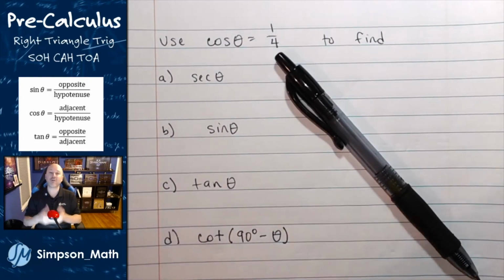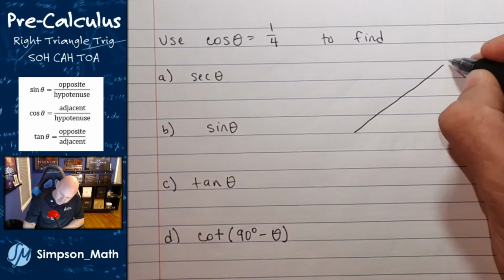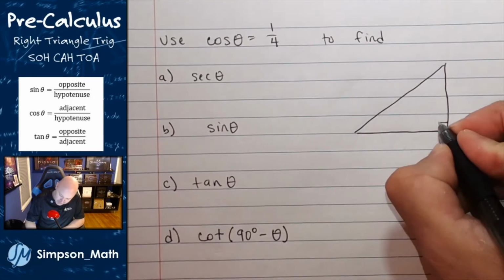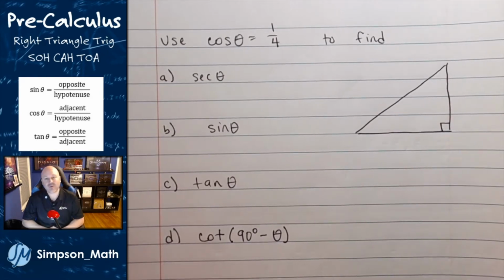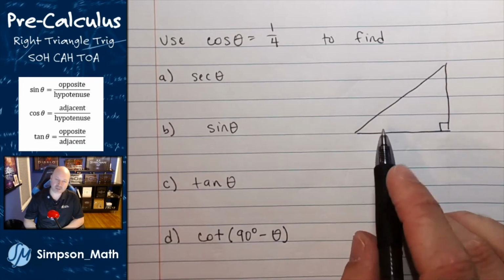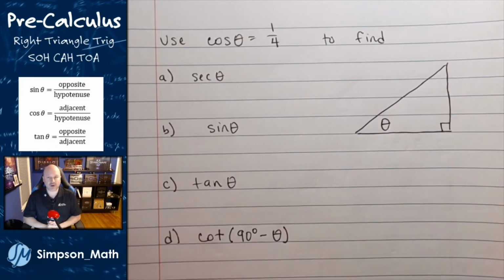And because of that, I'm going to draw a right triangle. And you get to decide where that right angle is. It's got to be perpendicular. And you get to decide where that reference angle is. Last time I drew it up there. This time I'll draw it down here. But that's super important.